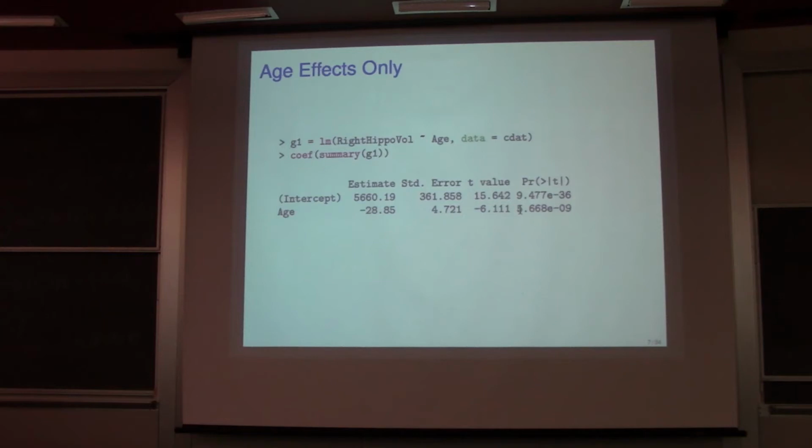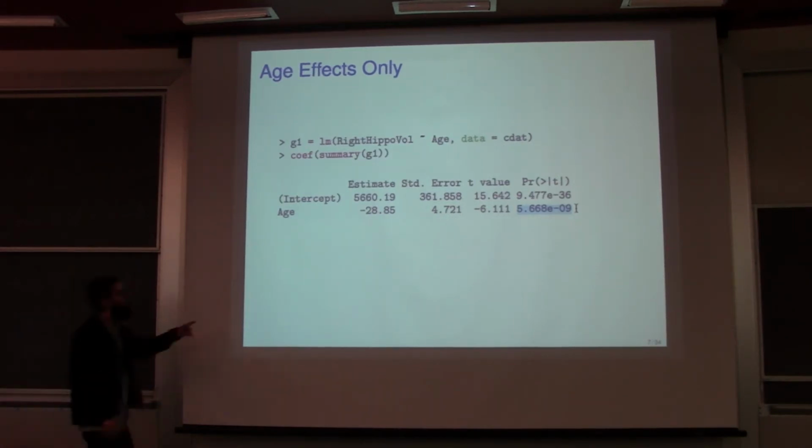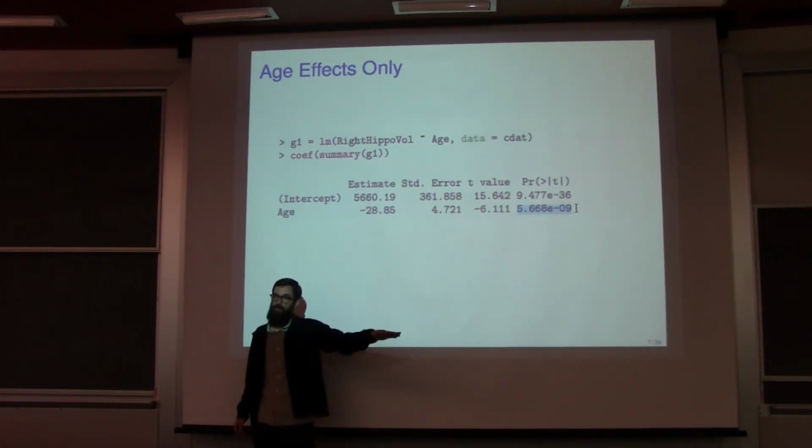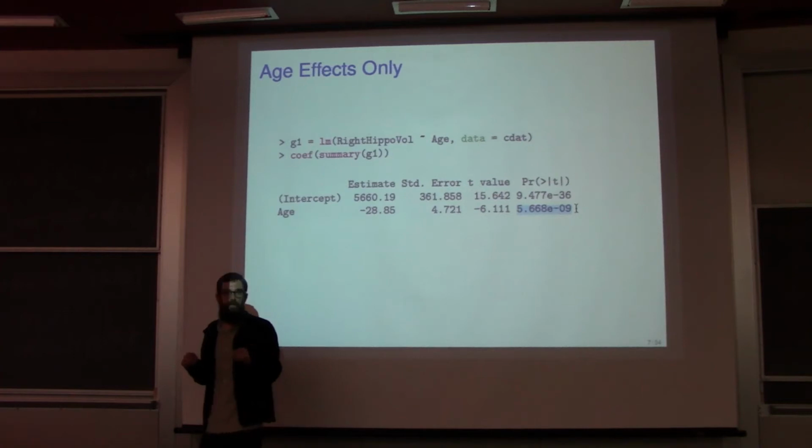But the age we see is 10 to the minus 9, so way below our magic threshold of 5%. And so we're going to keep age in there. We say, okay, that's a significant effect. I'm going to conclude that yes, the negative slope tells me as we get older, our hippocampal volume decreases, and that's a significant effect.